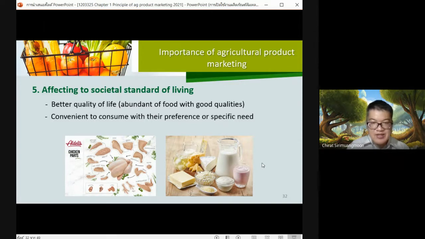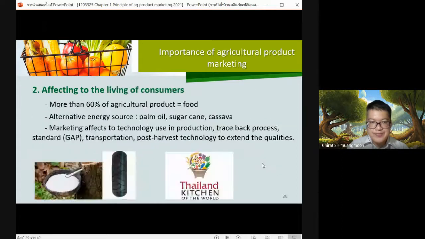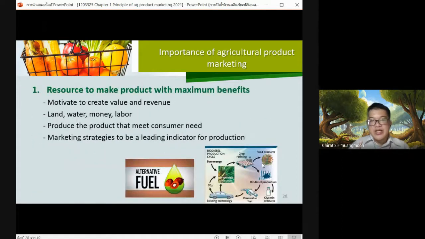So let me briefly recap how agricultural products marketing impacts Thai people. First, agricultural products marketing impacts the use of resources because Thailand has agricultural resources to produce the products.